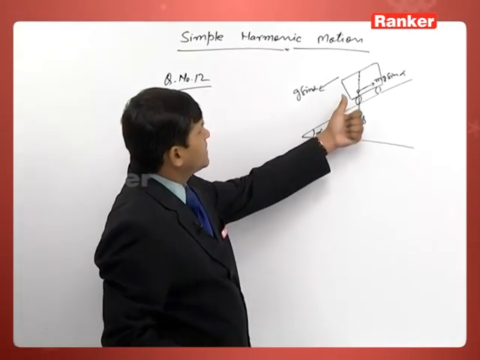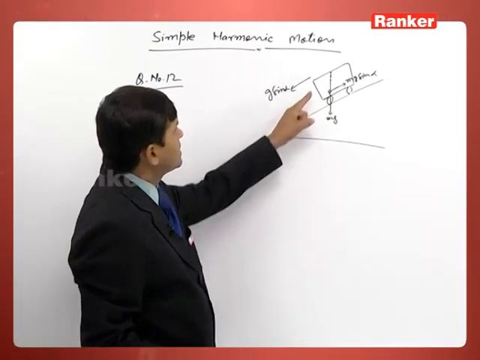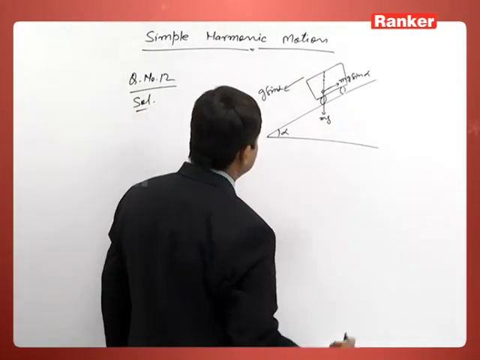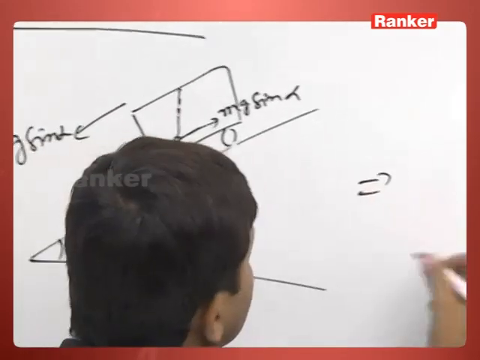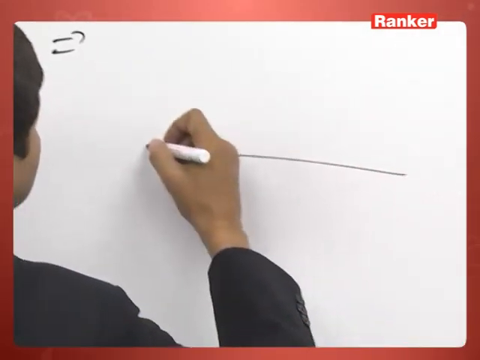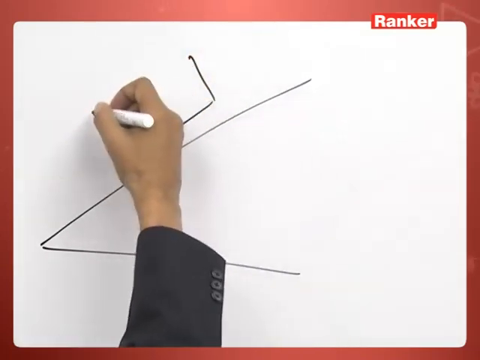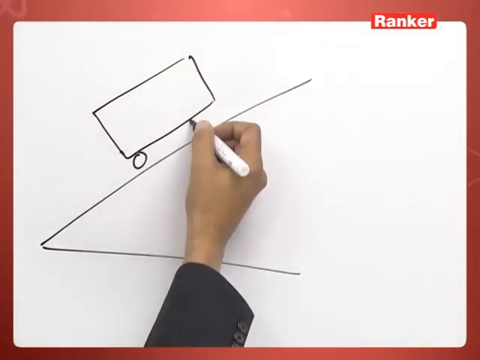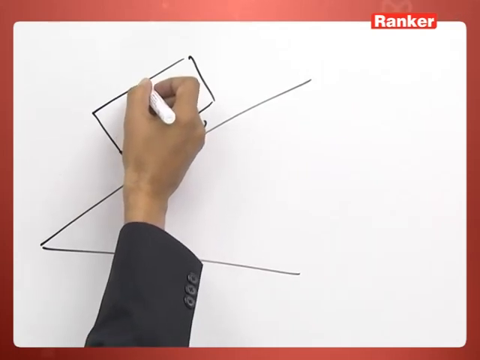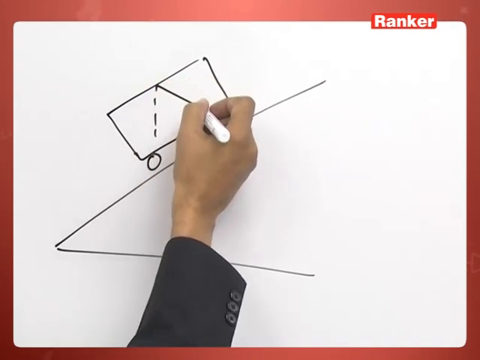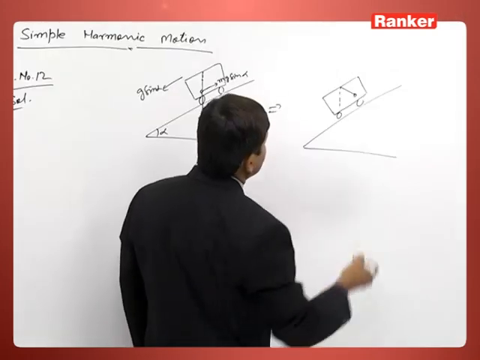Now with these two forces, the string makes some angle. So this gives us the resultant like this. This is the vertical line, and our string will be somewhere like this.